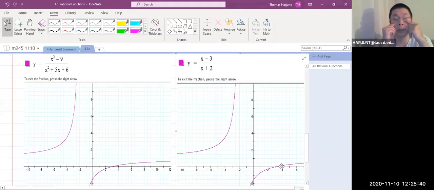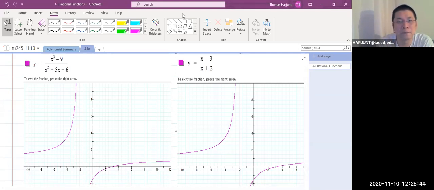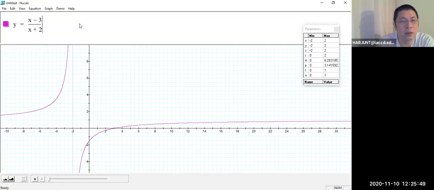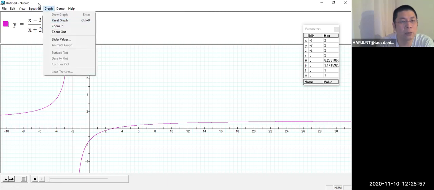They look very similar. Let's go back to the graphing. So the purple one is my simplified form. Now let me graph the original one.